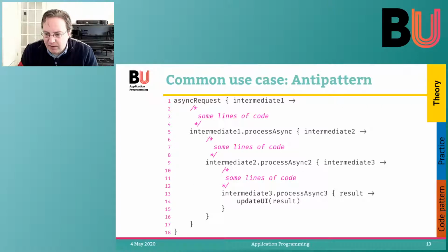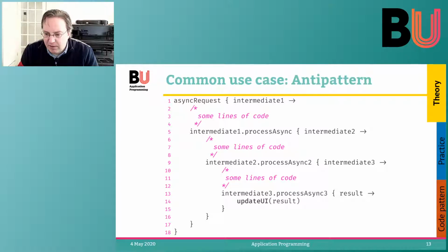This code is not only kind of ugly and heavily indented, and it gets worse the more callbacks you have, it's also not very clear. There are some rather nasty things that you need to do to actually make this correct, and especially to handle exceptions. It can be done, but it's tricky. Especially, how do you get exceptions handled in a nice and tidy way?